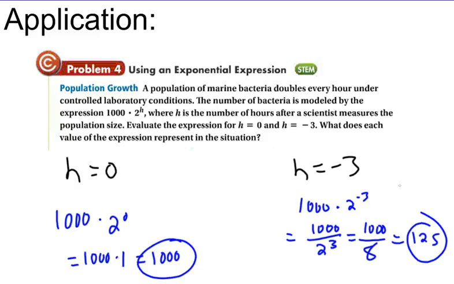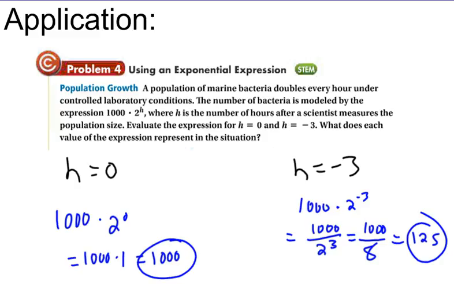Okay? Now let's think about this. The number of bacteria is modeled by that. So the number of bacteria after 0 hours is still 1,000. That makes sense to me. That means it starts at 1,000. The number of hours, how can the number of hours be negative 3? I'm wondering.